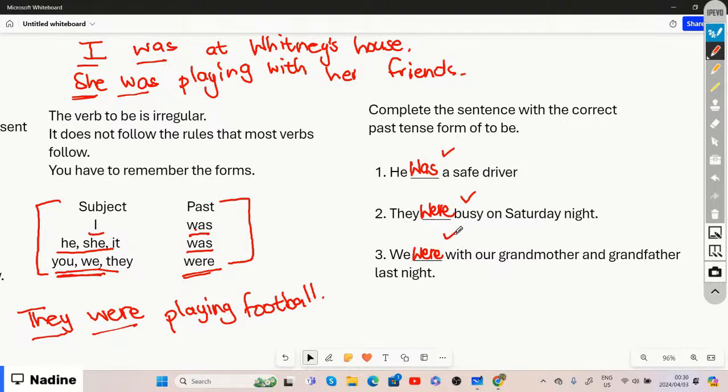So well done. We were is correct. And that is our past tense verbs, right? That basically tells us the action that took place in the past. It's something that you did in the past. I was, he was, you were, for example.